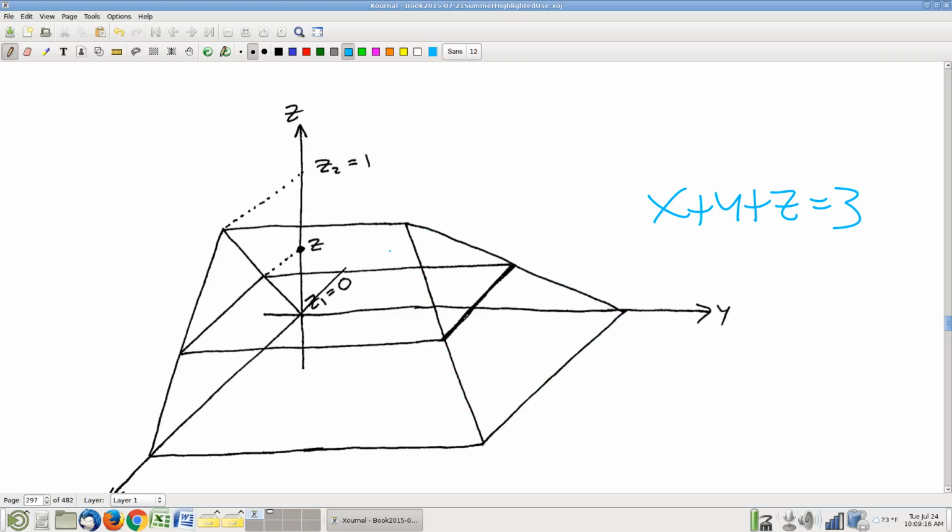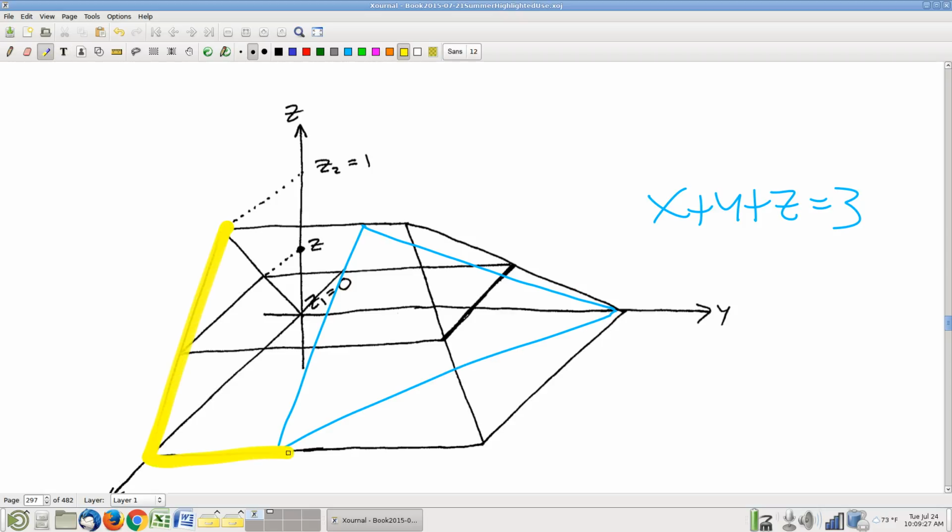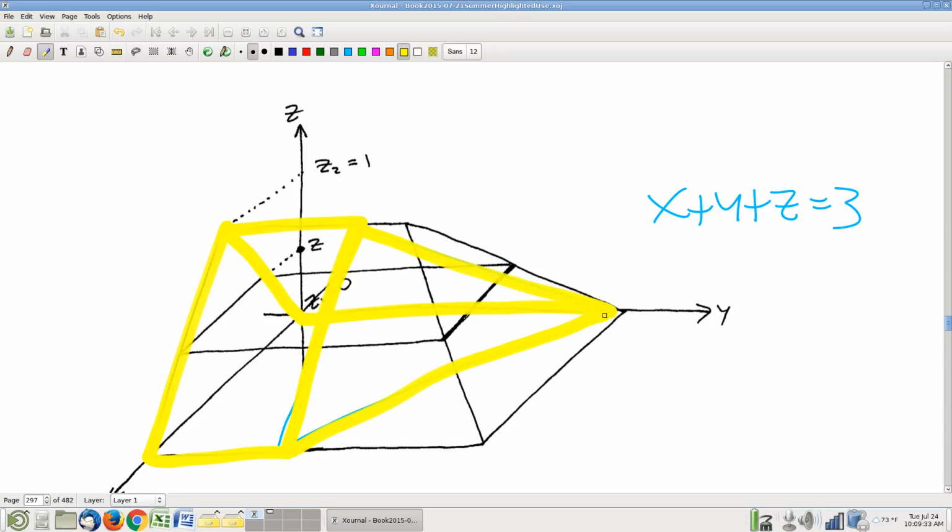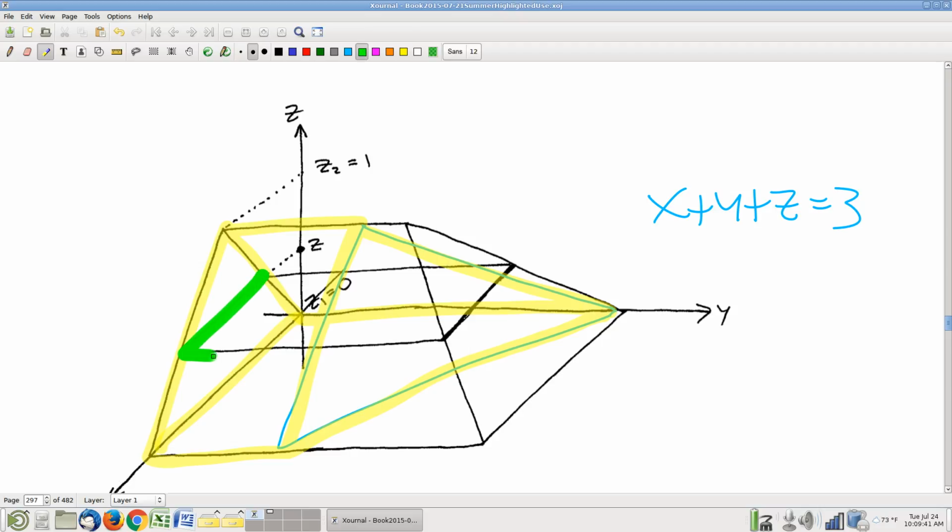This would look something more like that. Therefore, my solid, harder to draw among other things, would look like this. And then my z would look like that.